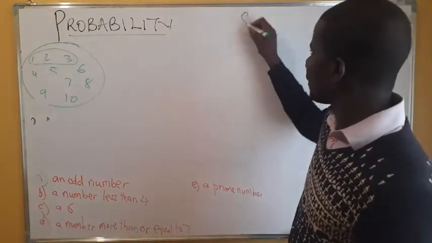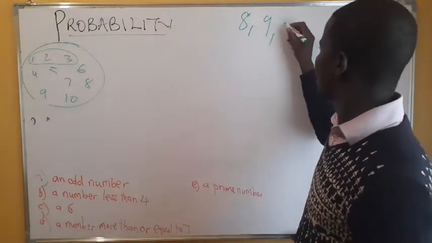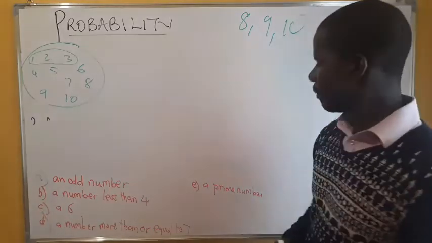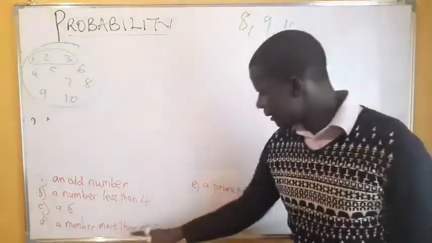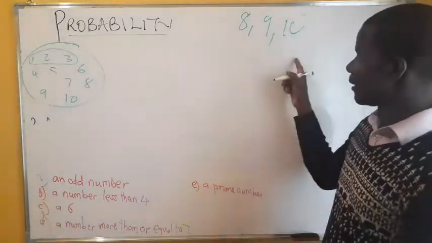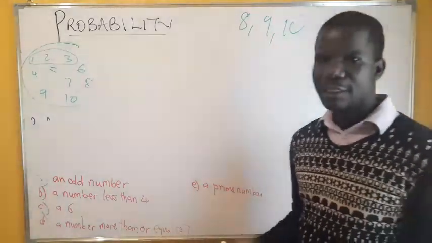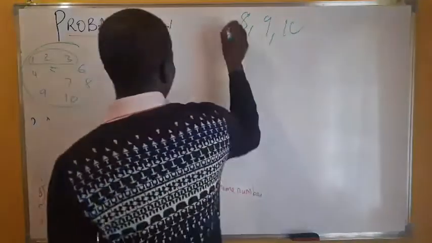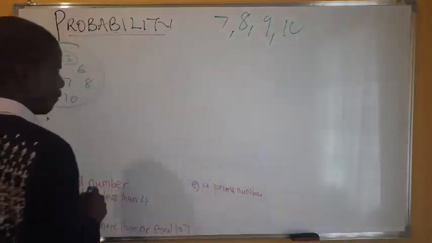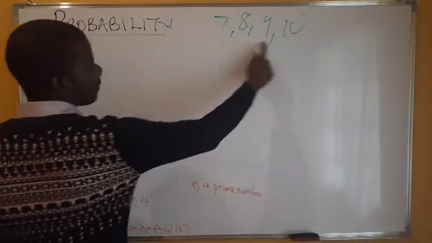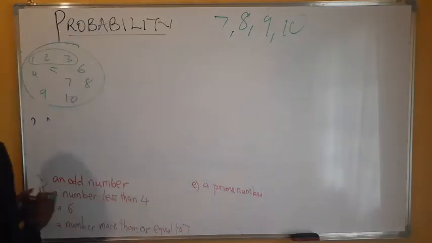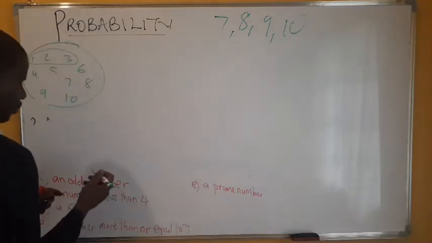It's 8, 9, and 10. But then there's a part here which says or equal to 7. Or equal to 7 means 7 itself. So these are the numbers that are favorable to the outcomes that we want.